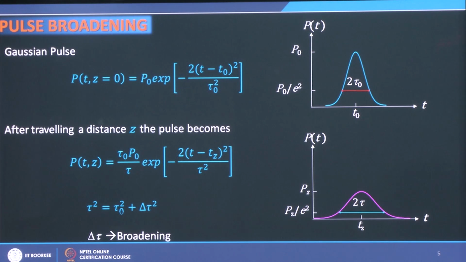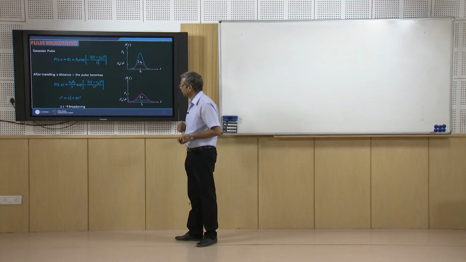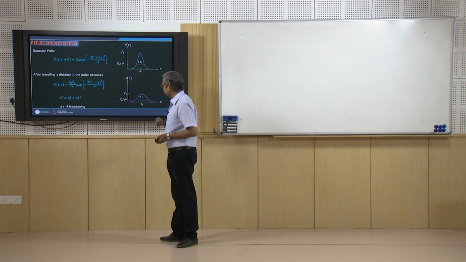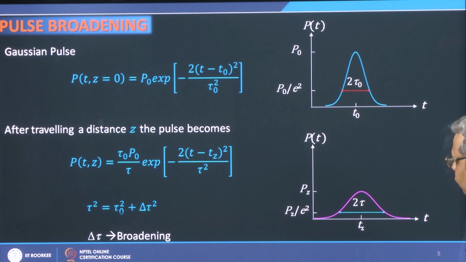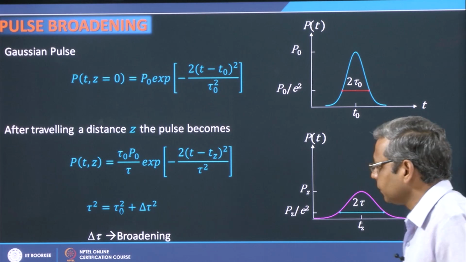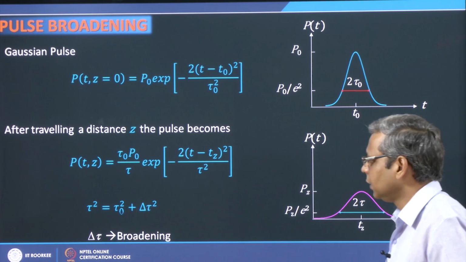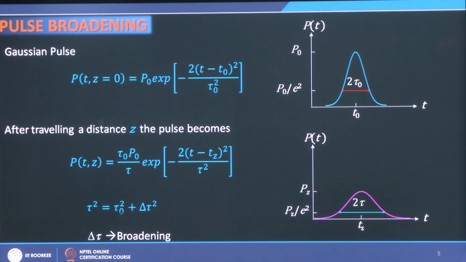So, now I have a pulse which is now centered at t equal to T z, whose power has gone down to P z, and the width has become now tau, where tau square is given by tau naught square plus delta tau square, where delta tau is known as broadening of the pulse, and that is what we want to find out, how much is the broadening.